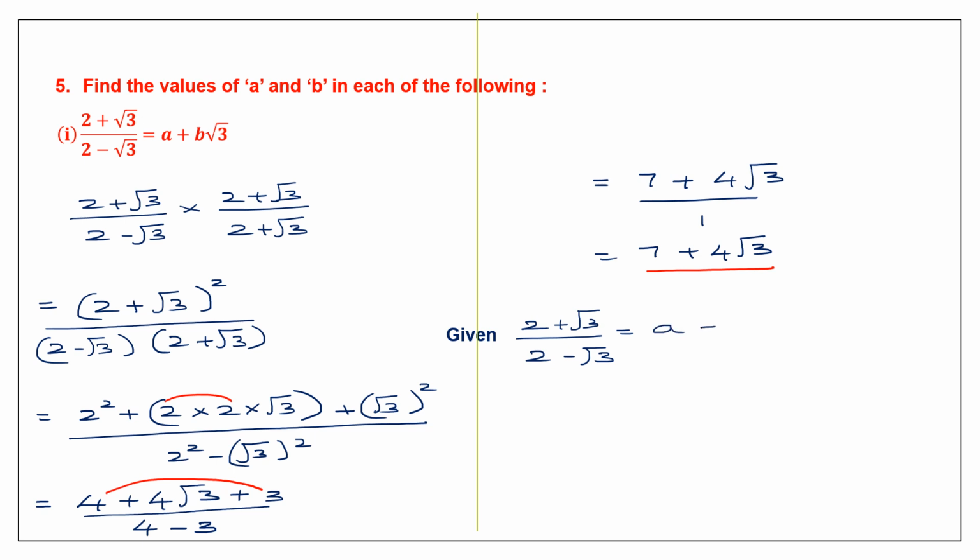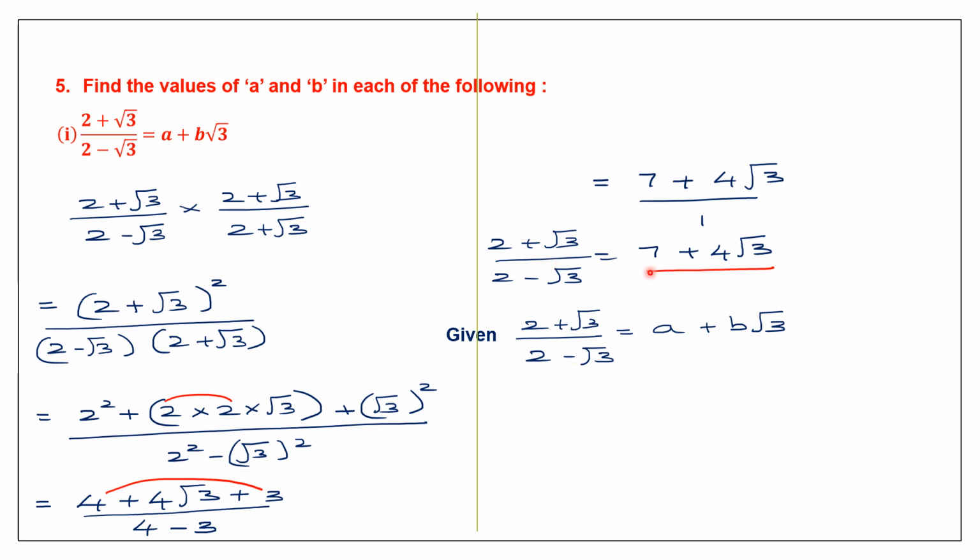In the question it is a plus b root 3. So here we have solved this, that is 2 plus root 3 by 2 minus root 3. So here can you see a will be equal to 7 and b is equal to 4 because the answers to these are the same.